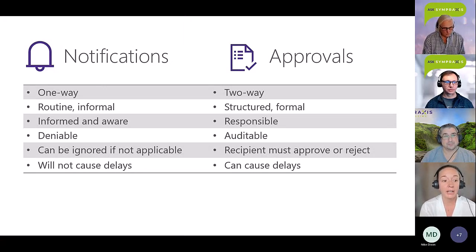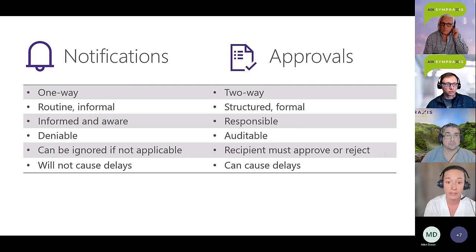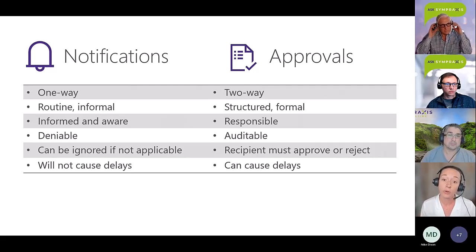All right, so before we dive into the different ways that we can set these up in Microsoft 365, I just wanted to level set us on definitions and some differences in use cases between notifications and approvals. Some of them are pretty intuitive. A notification is one way, pretty routine, while approvals go both ways because we need to reply to them.